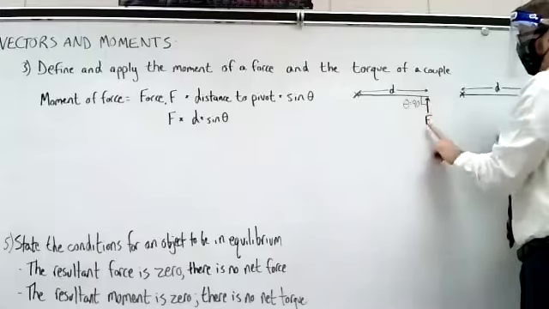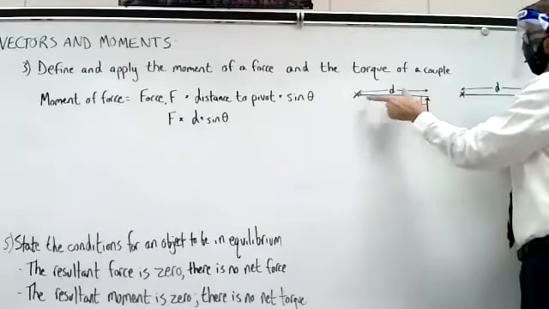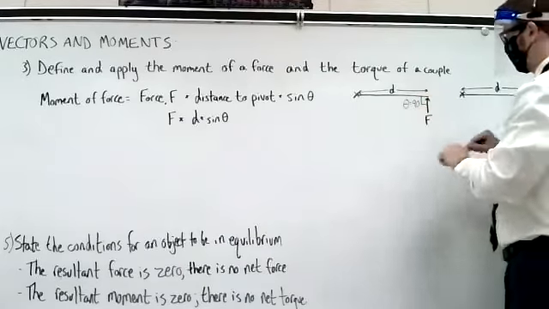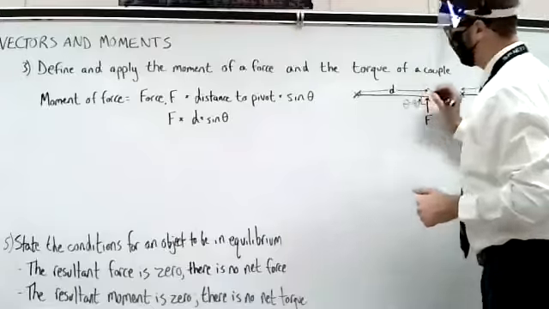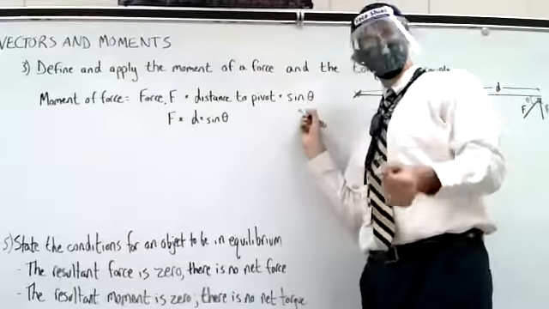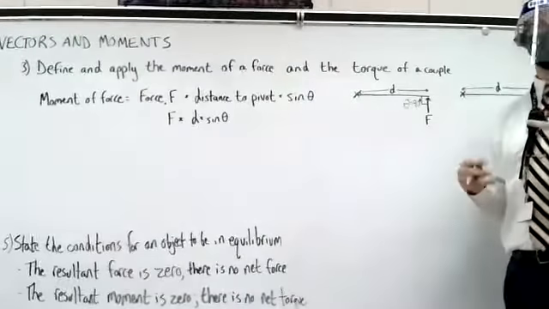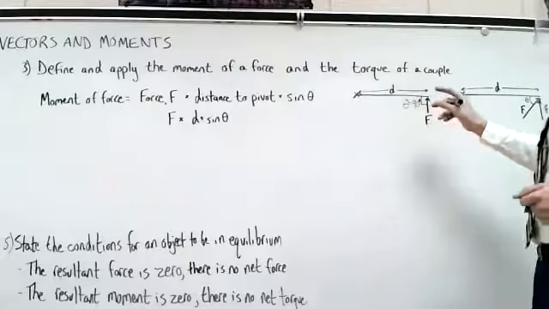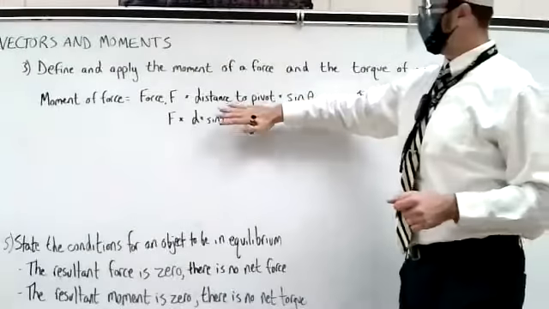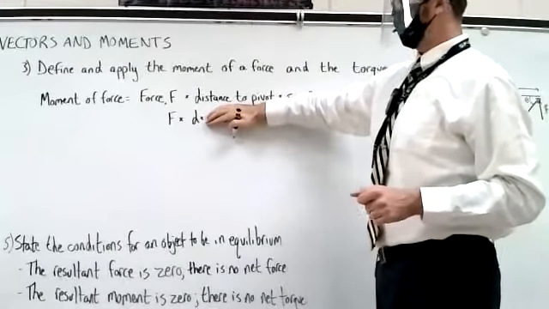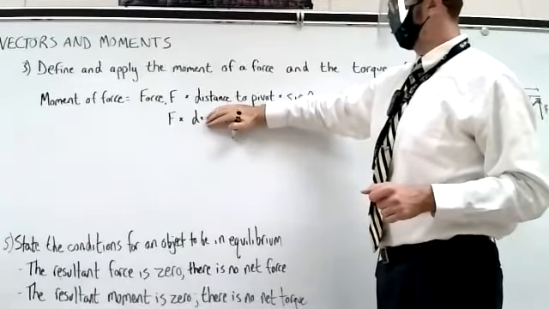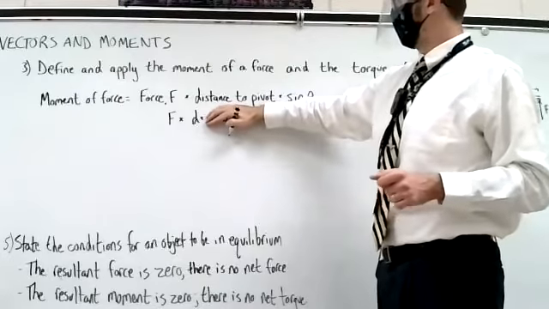If the force is already perpendicular to it, then the angle between these two vectors is 90 degrees. And the sine of 90 degrees, you can prove to yourself right now, is 1. Take the sine of 90. Okay, it's 1. So it becomes the more familiar force times distance. Moment is force times distance to the pivot.